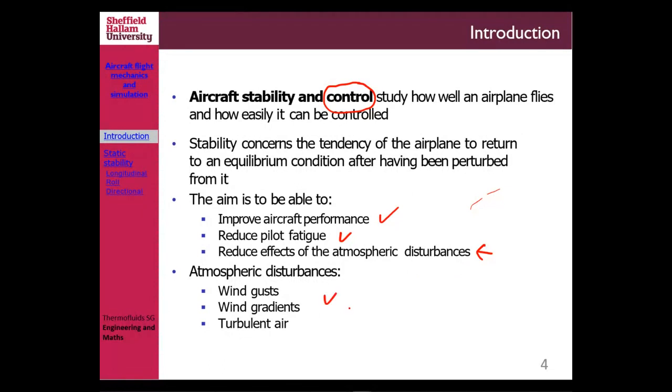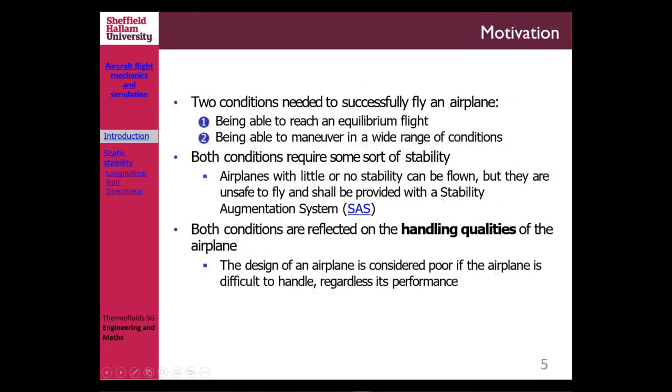Now, a few things could affect your stability state, obviously wind gusts, turbulent air, and so on and so forth. So for a conventional aircraft, the motivation is that a steady flight, or being in a state of equilibrium, is key.